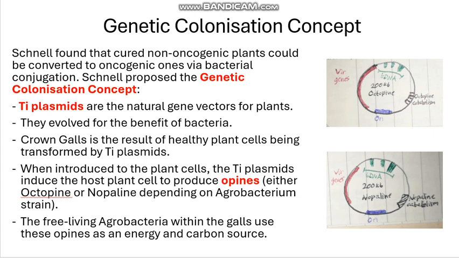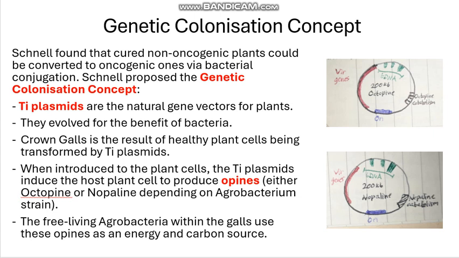The top one is the Ti plasmid for the strain of Agrobacterium that sustains itself on octopine, and the bottom one is the Ti plasmid produced by the strain of Agrobacterium that sustains itself on nopaline.